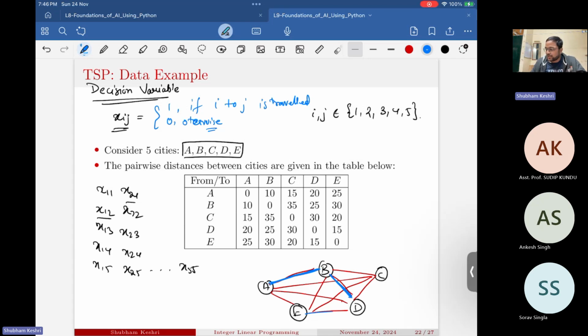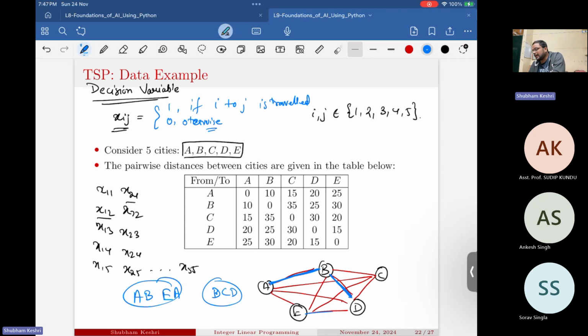You cannot have subtours. If you have subtours, what does it mean? Over here you will have A, B, E, and then going back to A, and D, C. So this is one subtour, and this is another subtour.